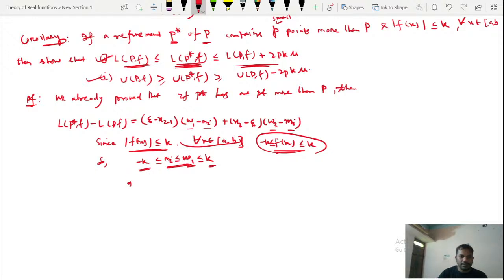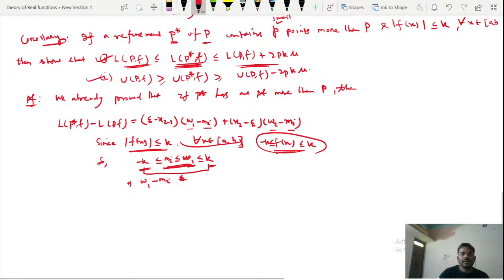If we take the difference of the middle two, w1 minus m i, and the difference between the first one and the last one, this is less than k minus minus k, which is 2k.